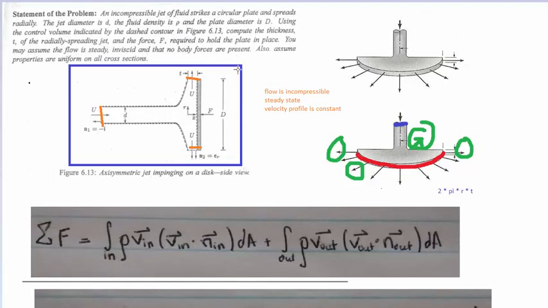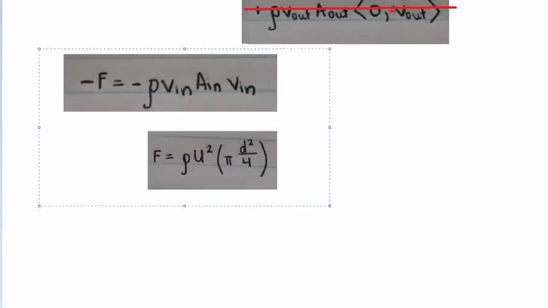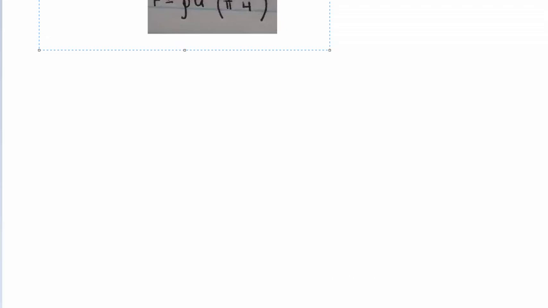The other thing they want us to find is the thickness of the shell that's coming outward. And as I said before, the momentum equation can't do anything because you have all the momentum in the radial direction canceling out because of those symmetry partners across the circle. But if we look back at the continuity equation, given our assumptions already, we know that volumetric flow is going to be the same throughout.